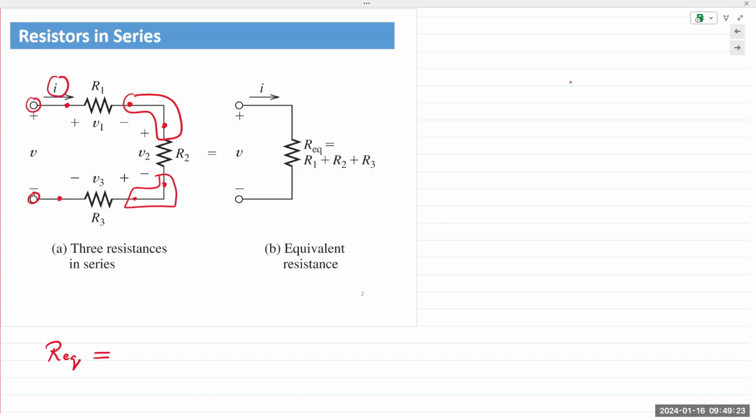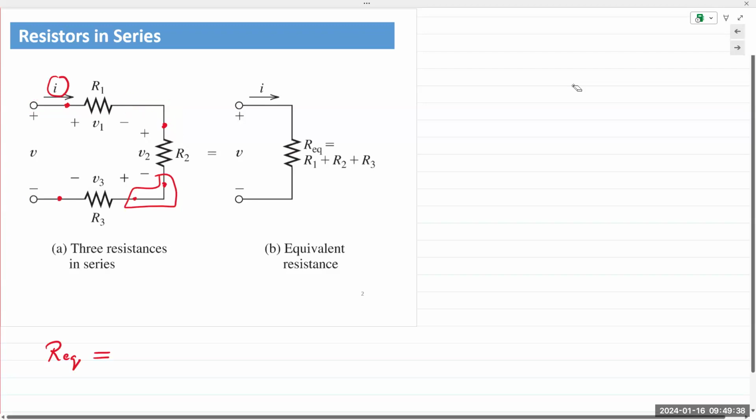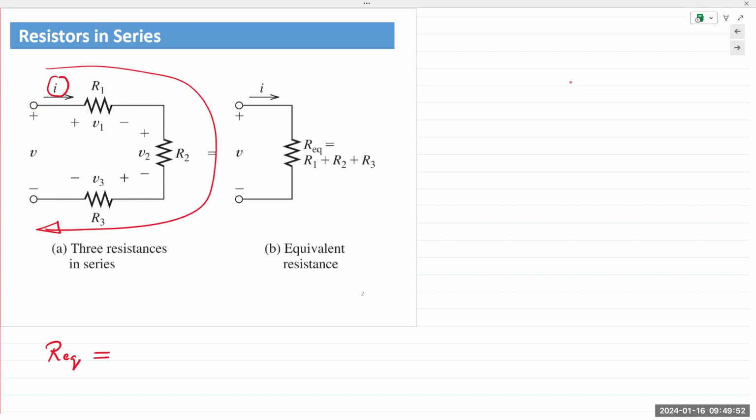The derivation is simply determined from the current I that would be flowing through that circuit. It doesn't matter what current flows to the circuit, the value does not matter. The derivation simply states if I is flowing through a circuit, the same current I is going to flow through all three resistances, right? There is no other pathway for the current to flow through.